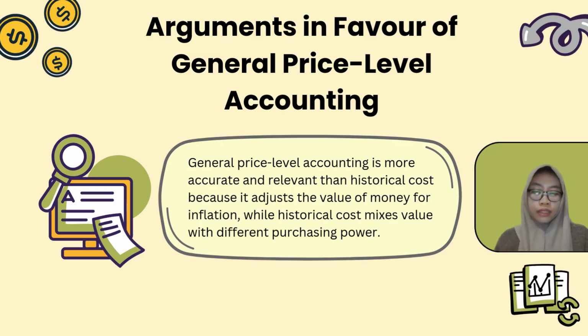So, general price level accounting solves this by restating all amounts in constant purchasing power using a general price index like the CPI. It's relatively easy to apply and provides more relevant and meaningful information for management and financial statement users. This results in financial reports that better reflect the company's true economic position.